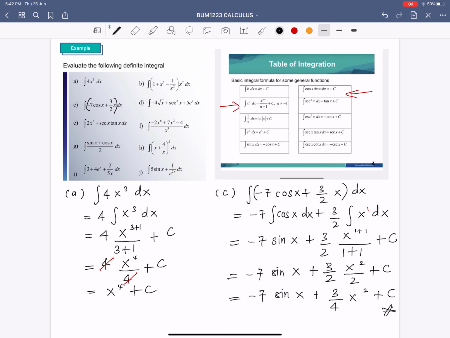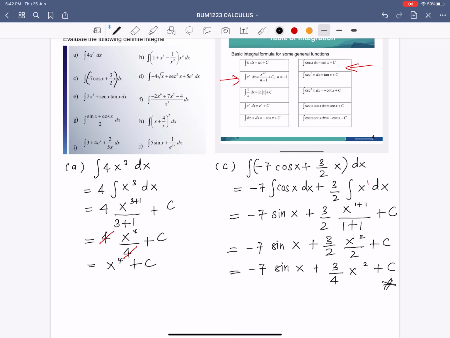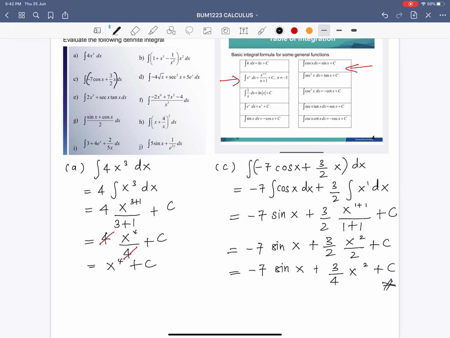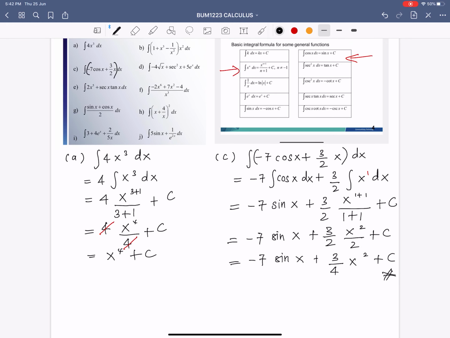Right, next question, C. Question C, where we have integration of 1 plus x cubed minus 1 over x squared, times x squared, dx.